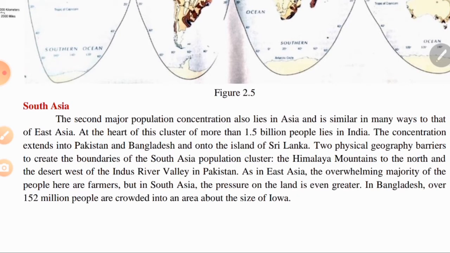Two physical geography barriers create the boundaries of the South Asia population cluster: the Himalaya Mountains to the north and the desert west of the Indus River Valley in Pakistan.